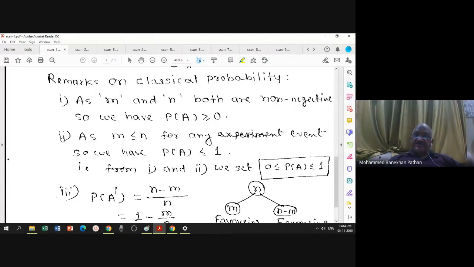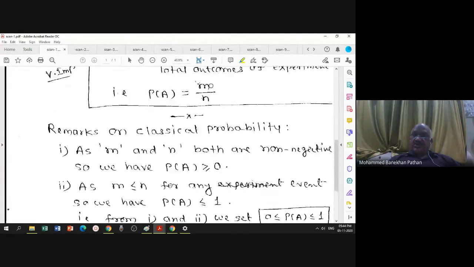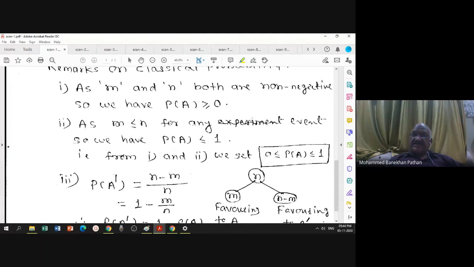Remark number 2 says, in this ratio, m is a subset of small n. So m always smaller than denominator, because m coming from n. And that is why remark number 2 says m less than equal to n for any event. So we write chance of getting A less than equal to 1. Let us combine remark 1, remark 2 together.